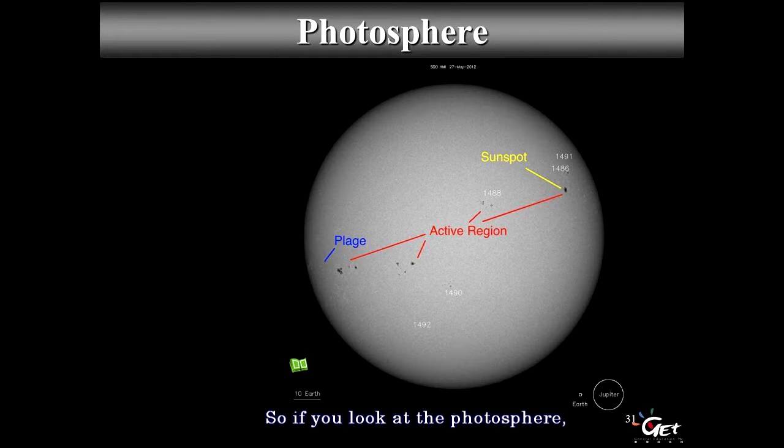So if you look at the photosphere, once again, this is the layer that is the surface we're measuring. You can see that, although this image is degraded, beyond the granulation of the surface, there are other features that we call sunspots mainly.